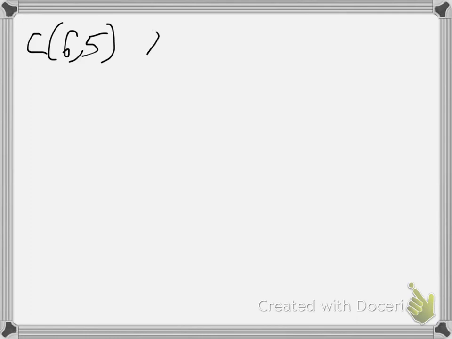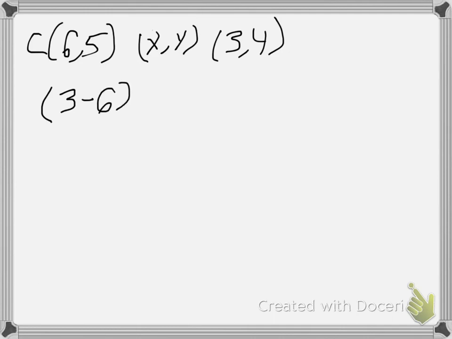So I have an x, y of the point (3, 4). So what do I not have? I don't have the radius. So let's fill in using our formula again. I have (3 minus 6) squared plus (4 minus 5) squared equals r squared.